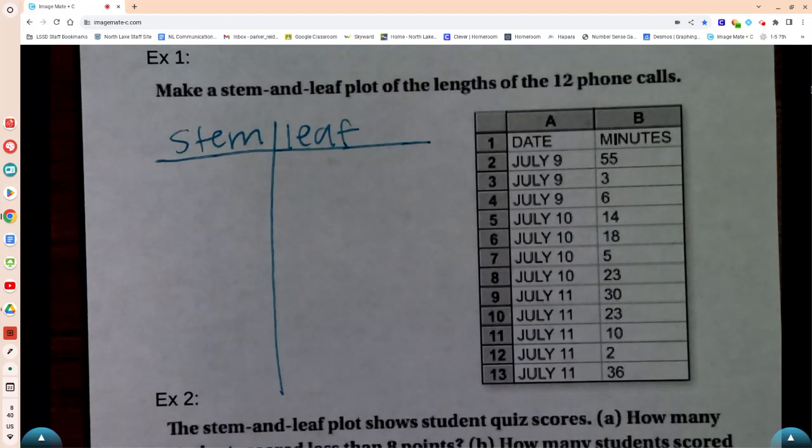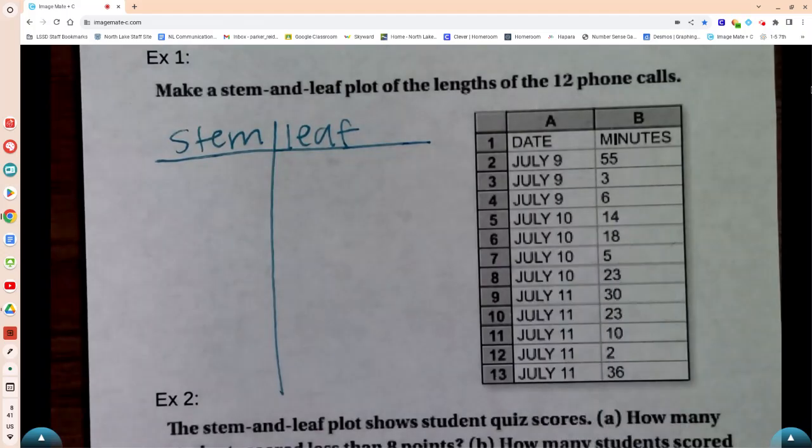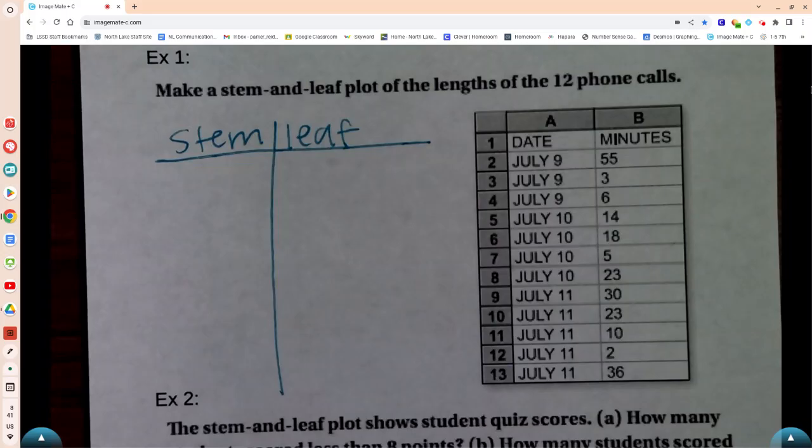Now, the next thing I need to do is look at my numbers and determine where I want to cut them, essentially. Because if I have a 3-digit number, I might have to cut it differently than if I have a number that only has 2 digits. My numbers here, I have a couple single-digit numbers, and I have a lot of 2-digit numbers.